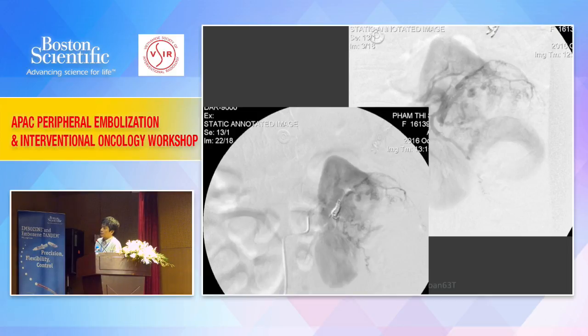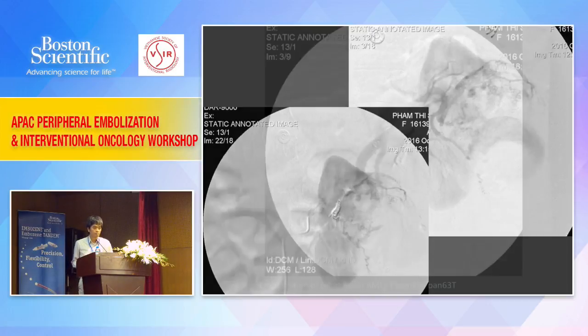For this patient, we have to use the coil to occlude the vessel, but it's not good enough. So after the coiling, we perform also the embolization with the glue, and only with the glue can we terminate the procedure. At the beginning, with the coil, we could not finish the embolization.